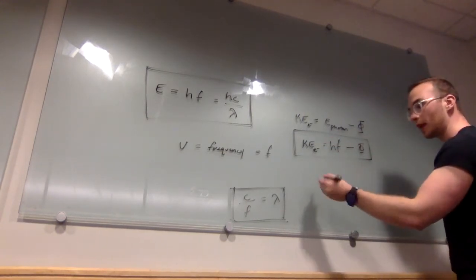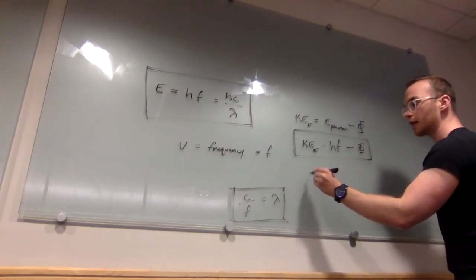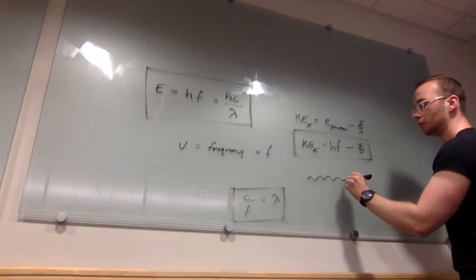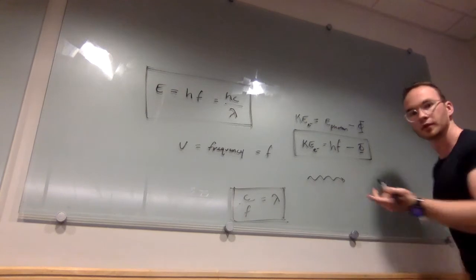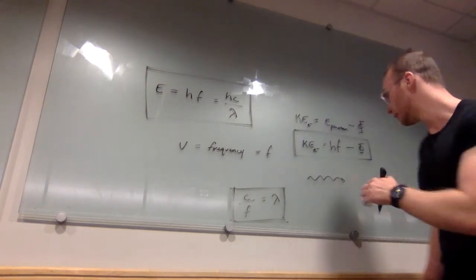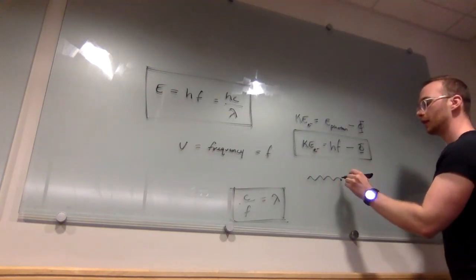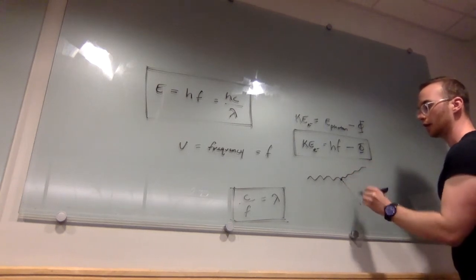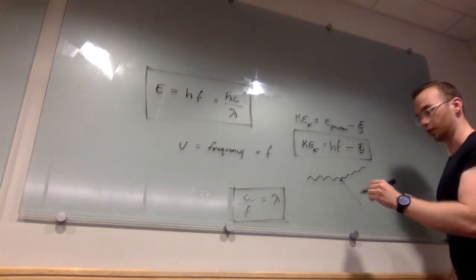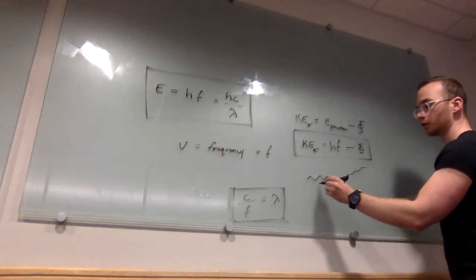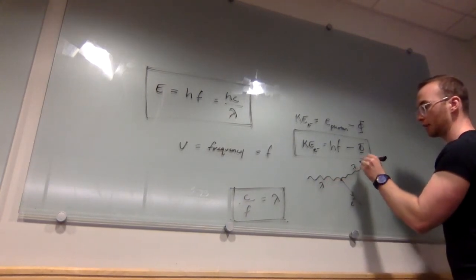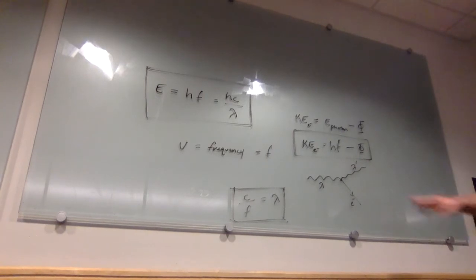And what's actually happening is described by Compton scattering, the Compton effect, maybe. Actually, that might be something else. But anyway, this is what happens, right? You get an electron that was stationary, and this is a photon with a lambda, and this is a photon with a lambda prime, and they interact at this point.